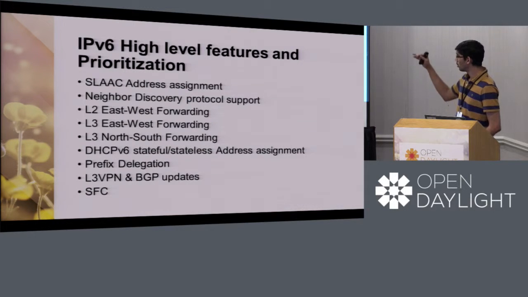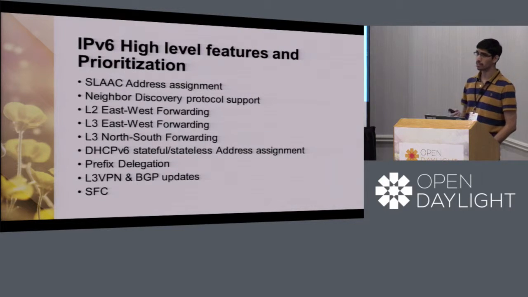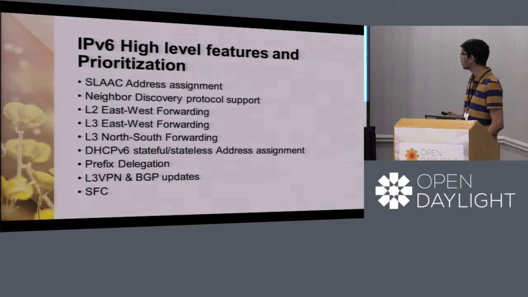The last four, we thought, can come after these five features, which are DHCPv6 based address assignment to the host VMs, either stateful or stateless. And prefix delegation is another feature, for optimization, to avoid the Neutron manual configuration.